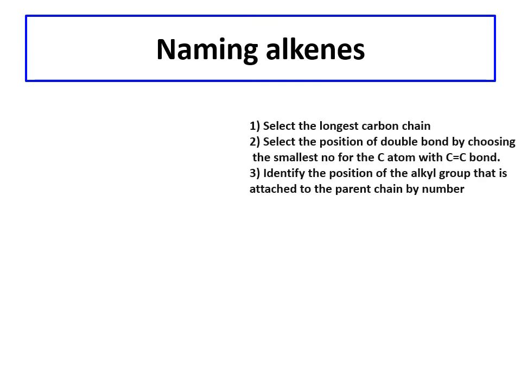Alright, so on to the next example, we have also an alkene. As usual, you need to select the longest carbon chain. So if you see here the second rule, it says that you need to select the position of the double bond by choosing the smallest number for the carbon atom with C=C. What does it mean?